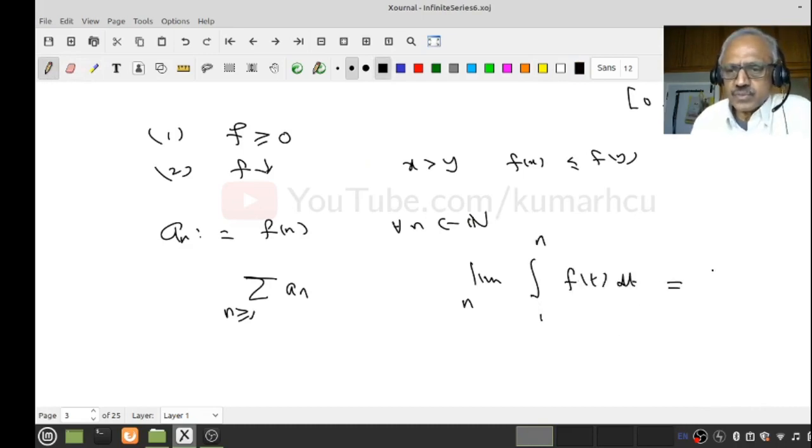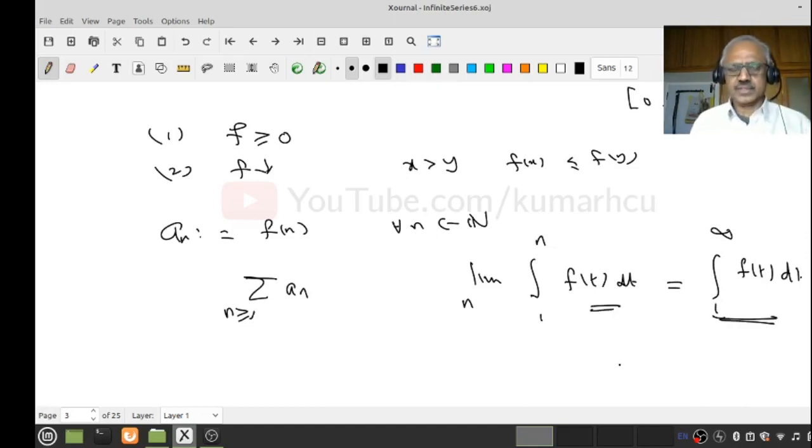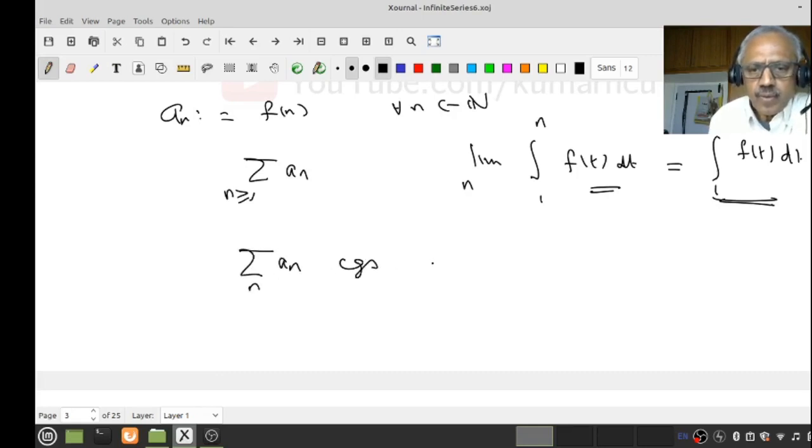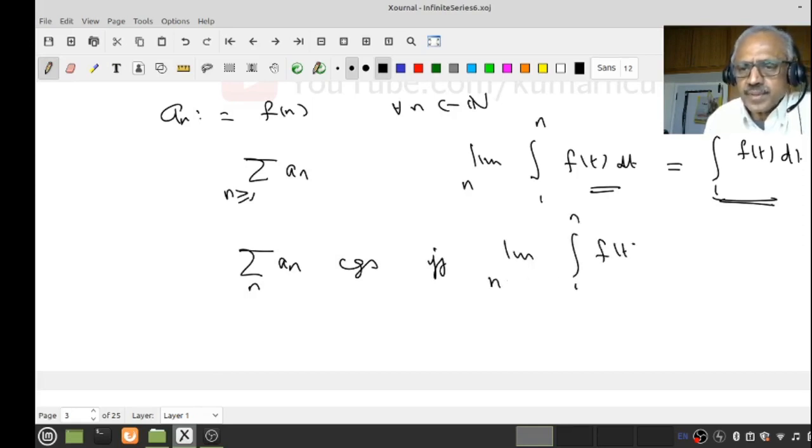If it exists, one usually denotes it by the integral from 1 to infinity of f(t) dt. This object is defined by this, and this is what is called an improper integral. What the theorem wants to say is that the series converges if and only if the limit over n of the integral from 1 to n of f(t) dt converges.